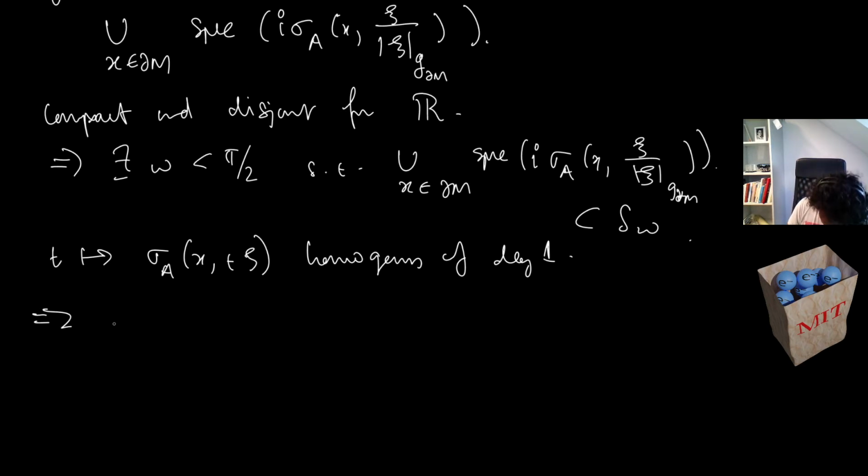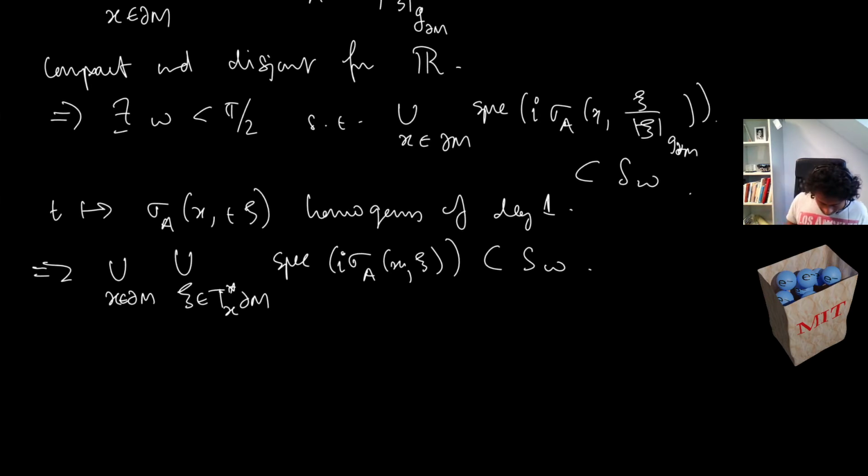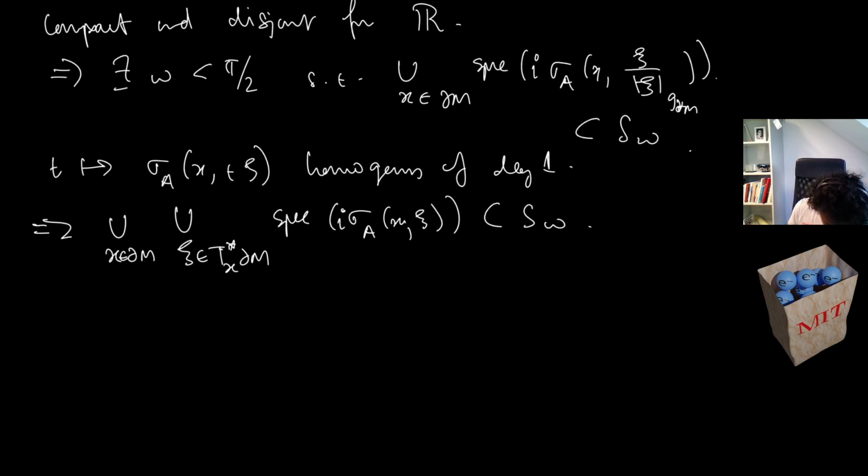So that means that now if we take the union over x and then the union over psi of the spectrum of i times A_x psi, then this is going to be contained in S omega. Okay? So this is the main important thing to prove, actually.